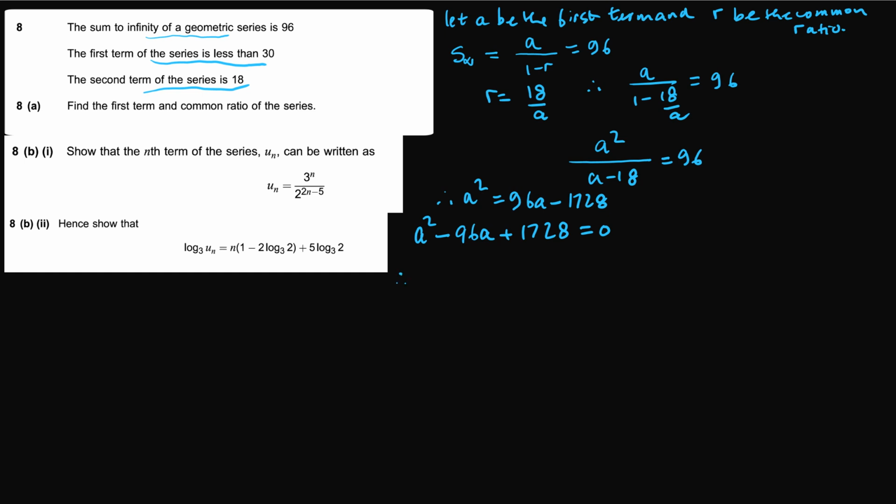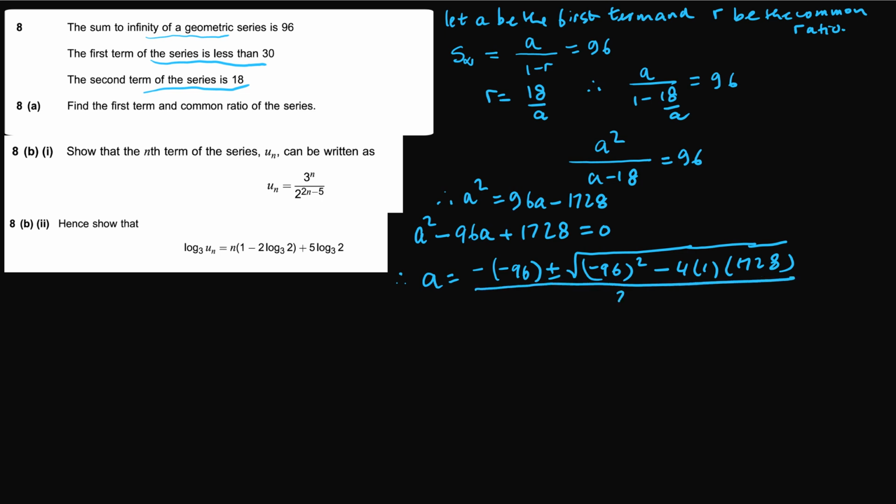So therefore a equals minus b plus or minus the square root of b squared minus 4ac, that's minus of minus 96 plus or minus the square root of 96 squared minus 4 times 1 times 1728, all over 2.